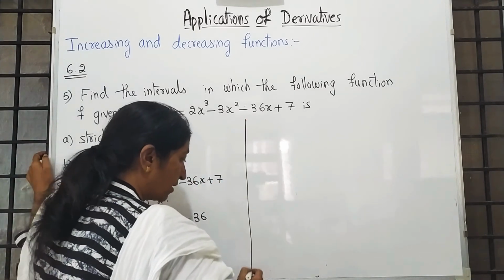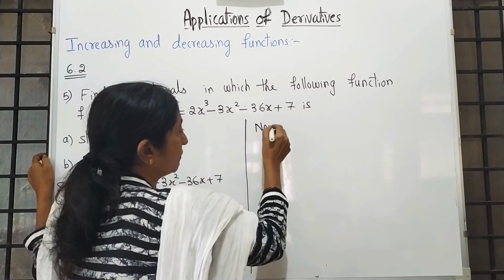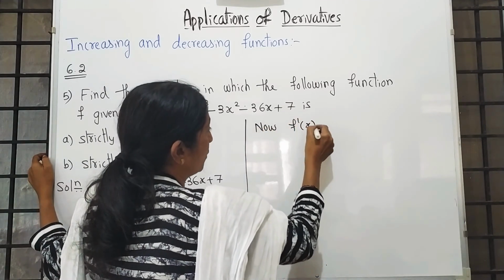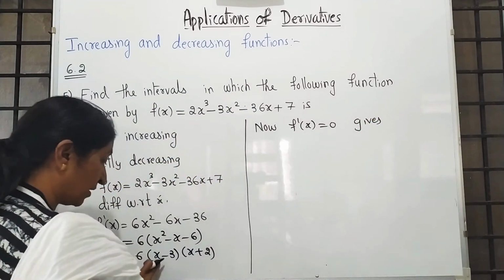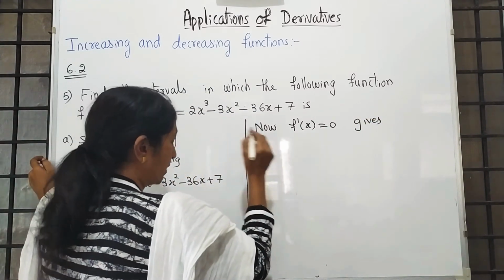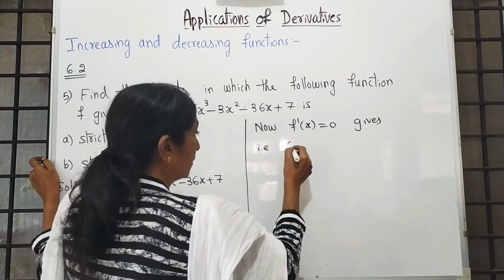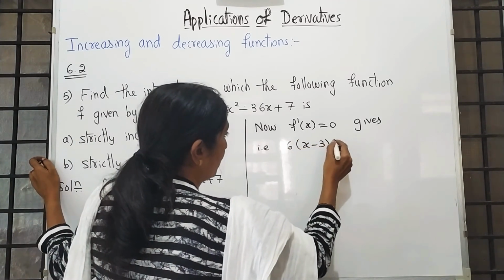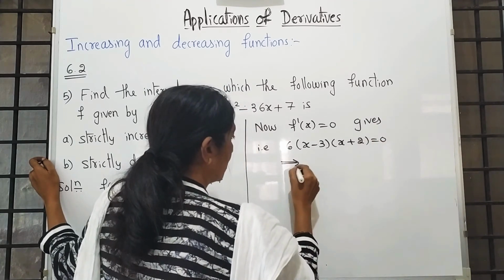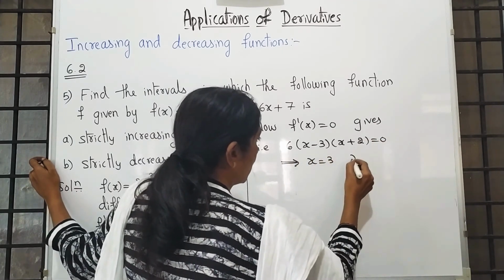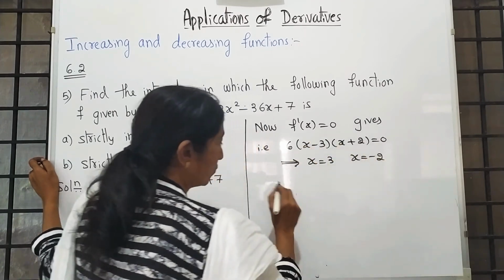Now equate this with 0. Now f dash of x is equal to 0 gives 6 into x minus 3 into x plus 2 equals 0, which implies x is equal to 3 and x is equal to minus 2.